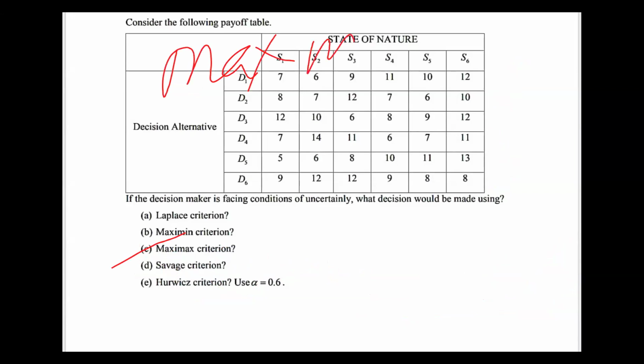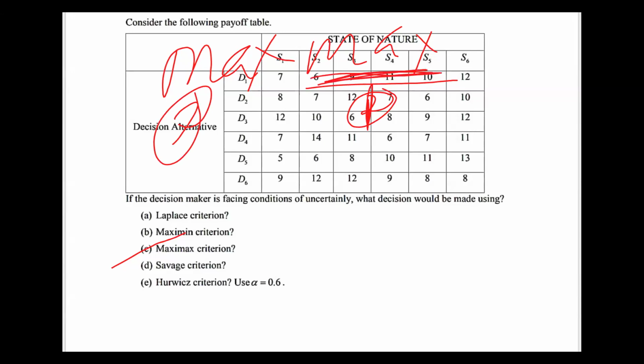Now, with the max approach, as the name suggests, you read from right to left. So you start by looking for the maximums, and then you get the maximum again.